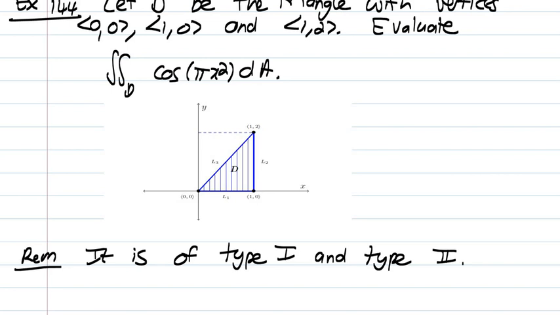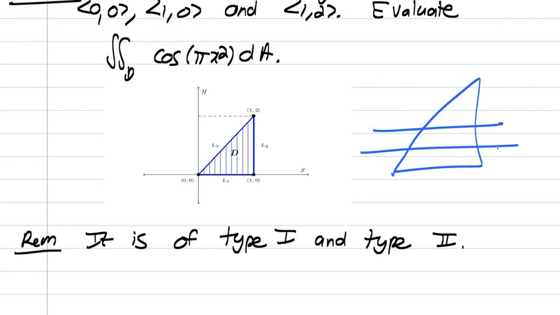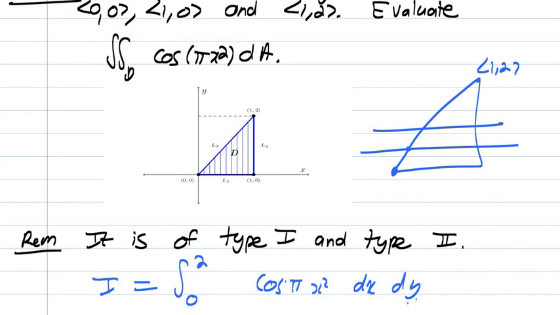So like the question we started off today, we have possibly two ways that we can solve this question. So let's start off by looking at making horizontal slices. So making horizontal slices, then we can say that the integral equals, where do we start? The smallest y value we can get is 0, and the biggest y value we can get is 2. And then the integrand is cos(pi x squared).